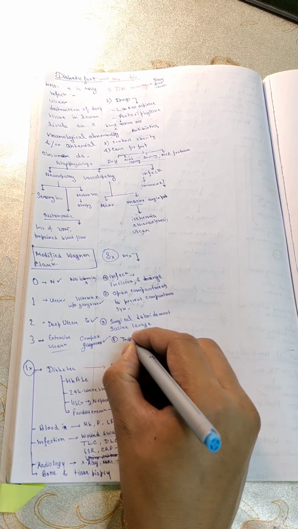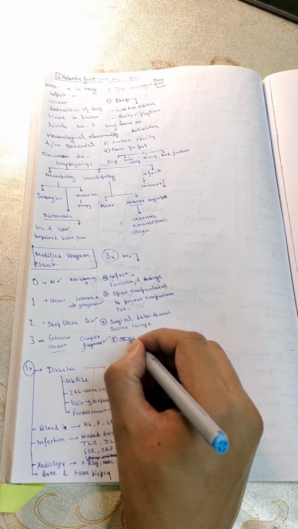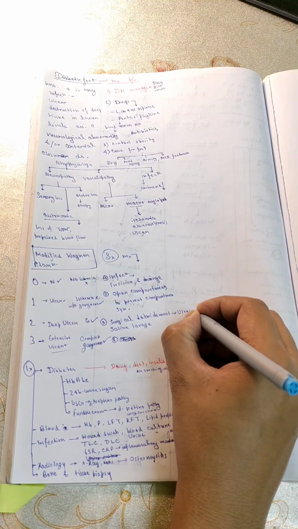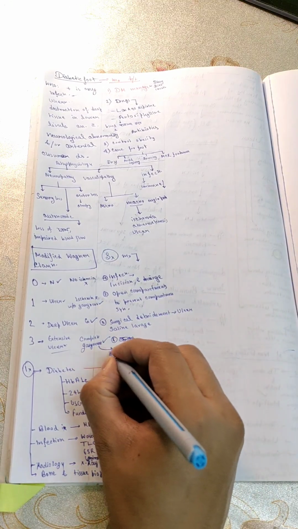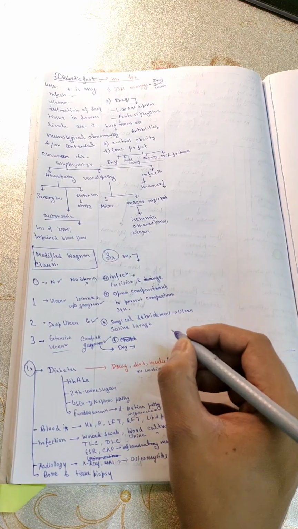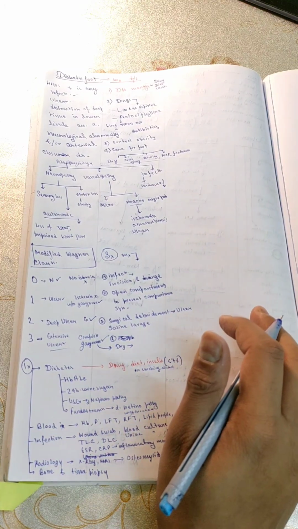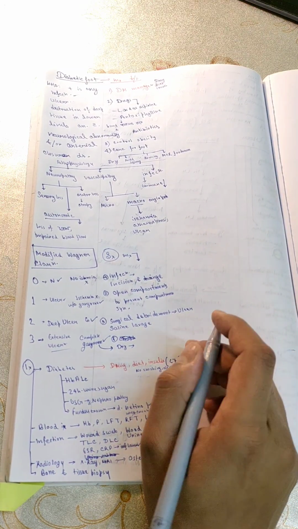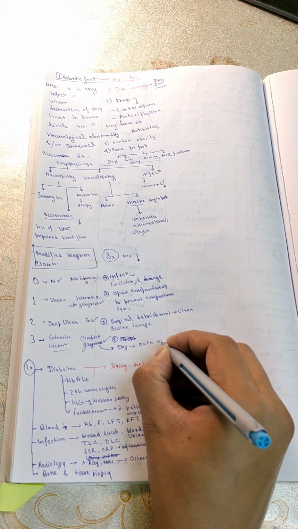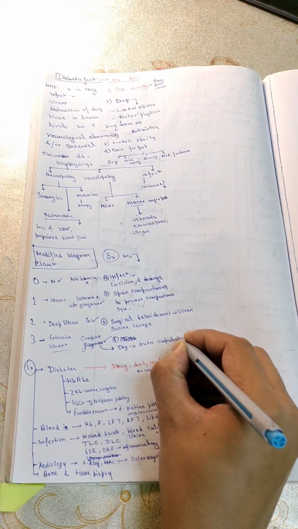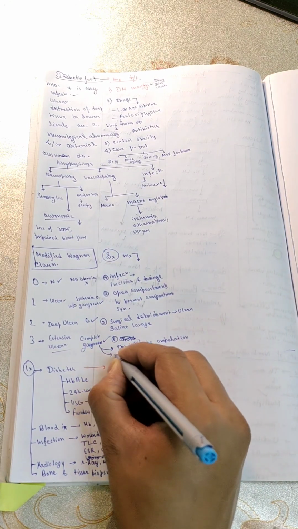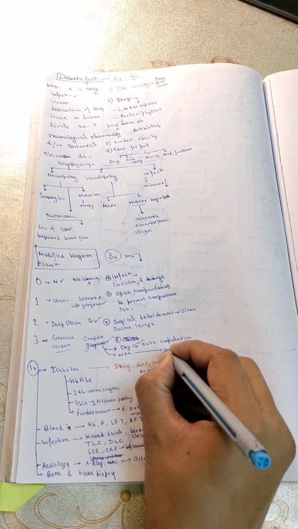For trophic ulcer, local debridement. Okay, and for gangrene, if it is dry, then we will just localize dry gangrene. So wait for auto amputation. And if it is wet, then direct amputation.